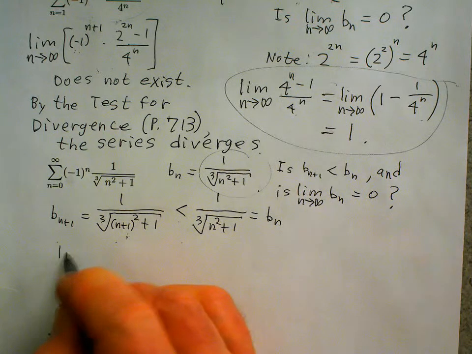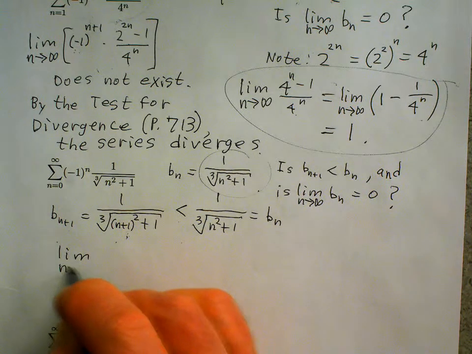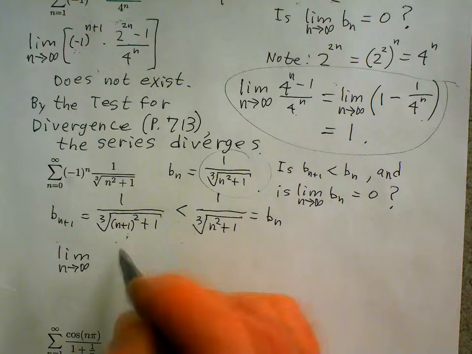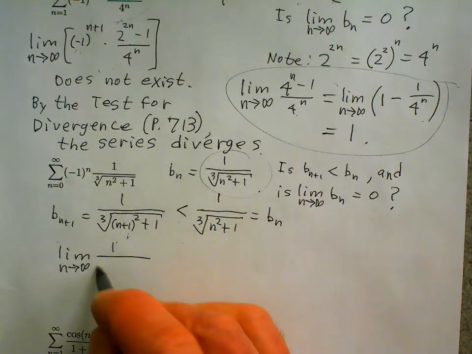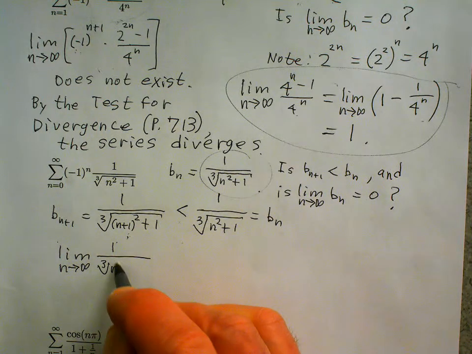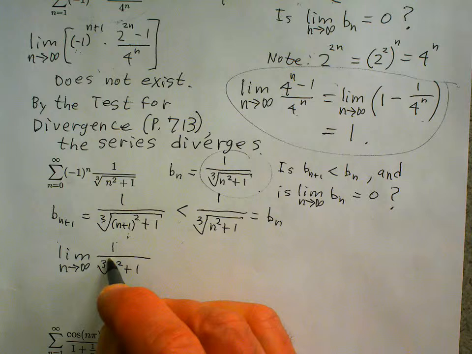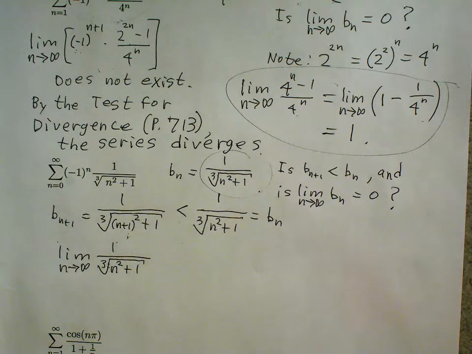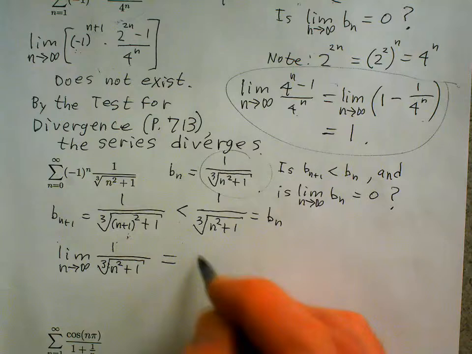And then the limit as n approaches infinity of 1 over the cubed root of n to the second plus 1: the numerator is always 1, but the denominator approaches infinity. So that means the limit is 0.